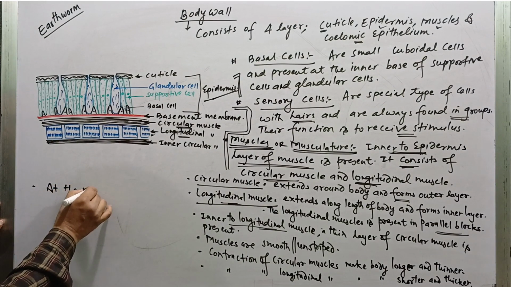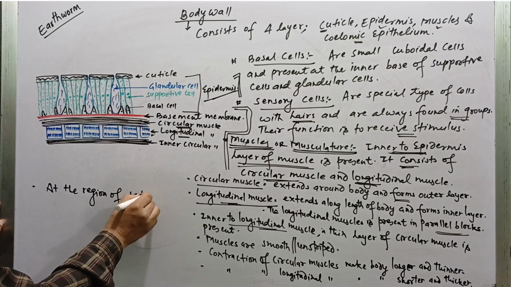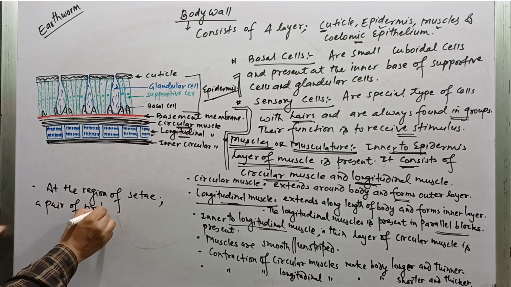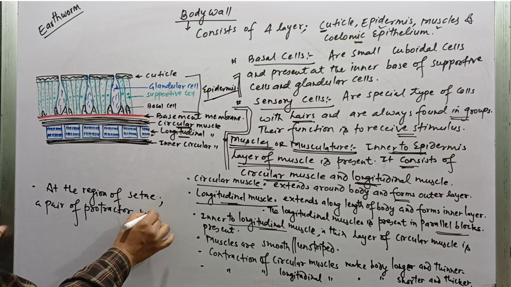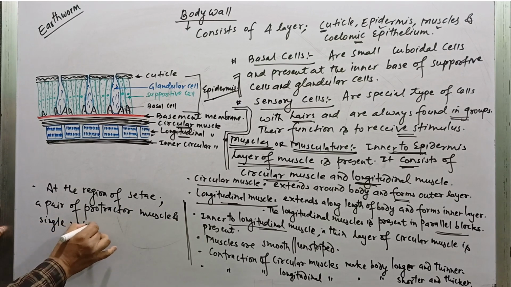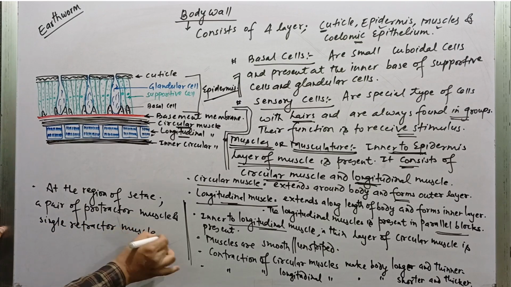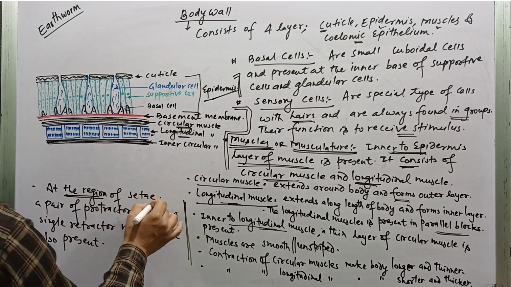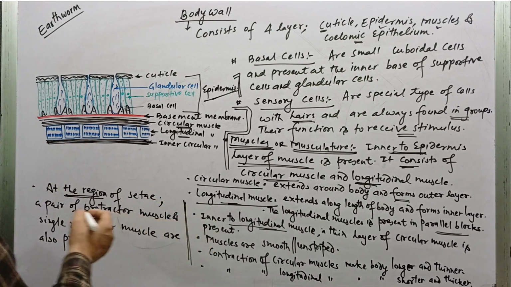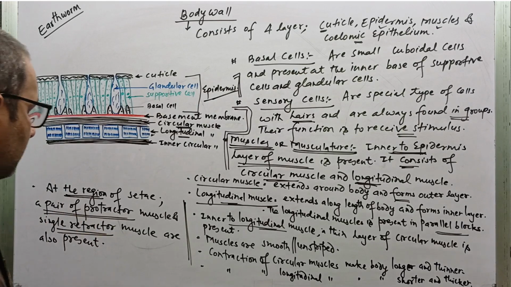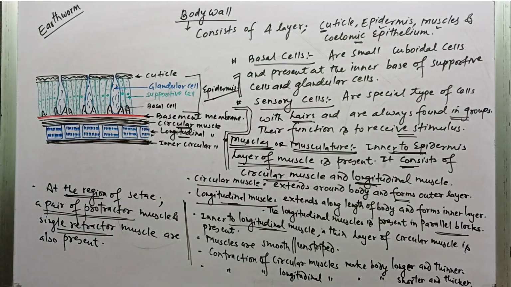At the region of the setae, a pair of protractor muscles and a single retractor muscle are present, and these muscles are responsible for the movement of the setae. So this is about the muscles.